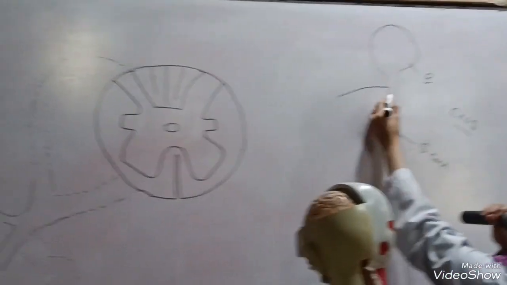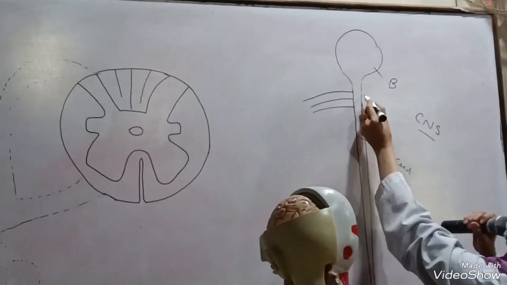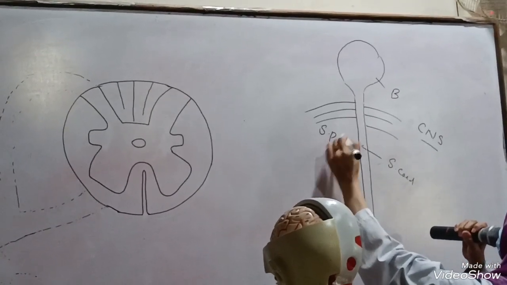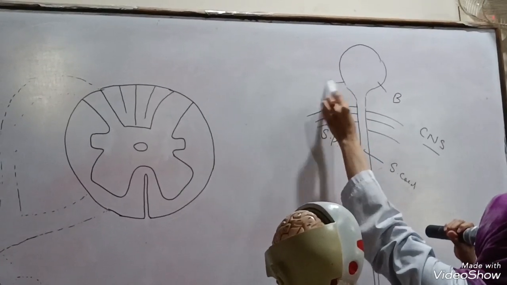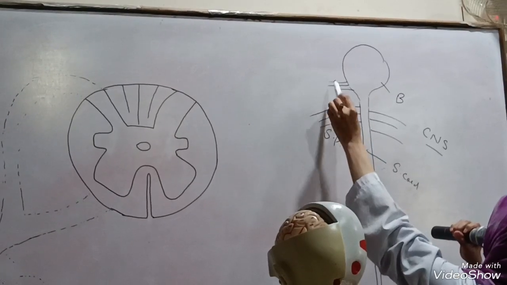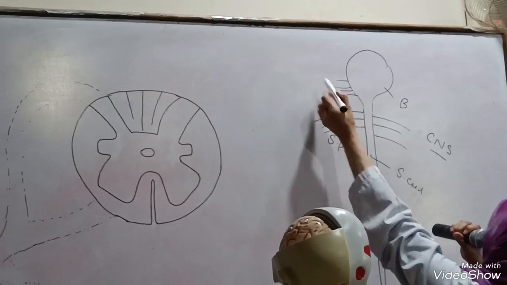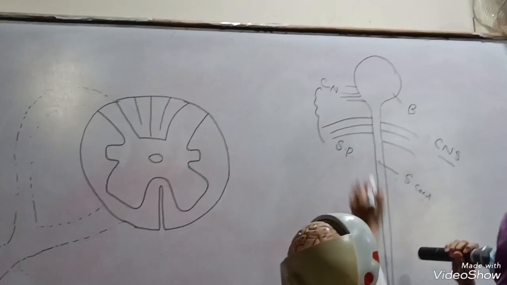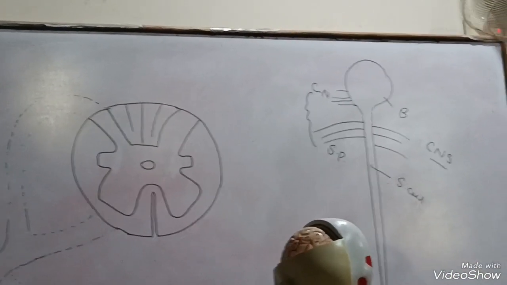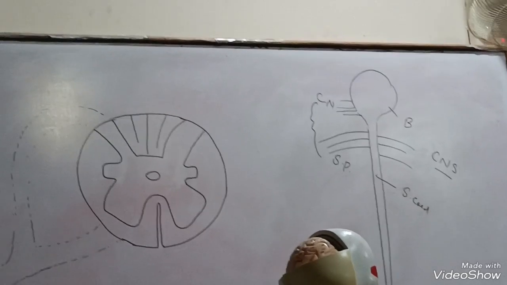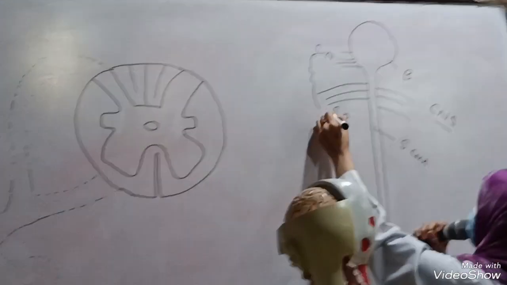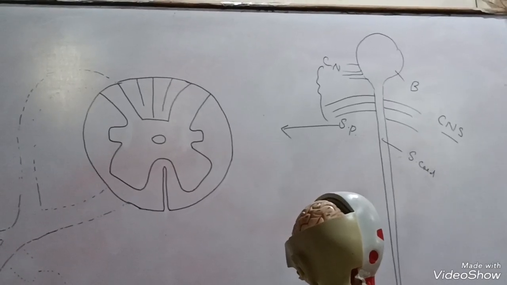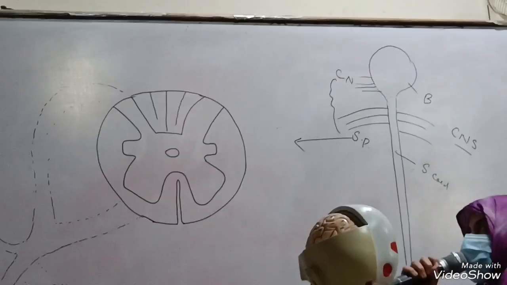Definitely the nerves coming out from this spinal cord are called spinal nerves, and other nerves that are attached to the brain are called cranial nerves. So they both comprise your peripheral nervous system, right? Now we have to see the formation of this spinal nerve, because it's very important. Sometimes it comes in exams how to draw.